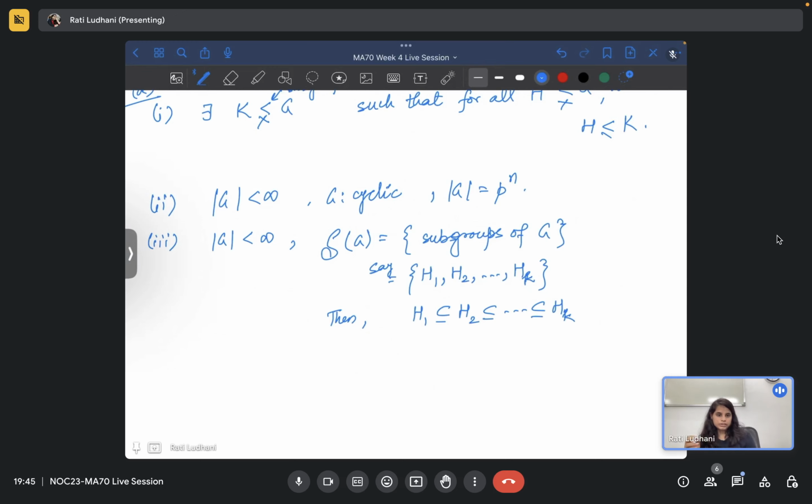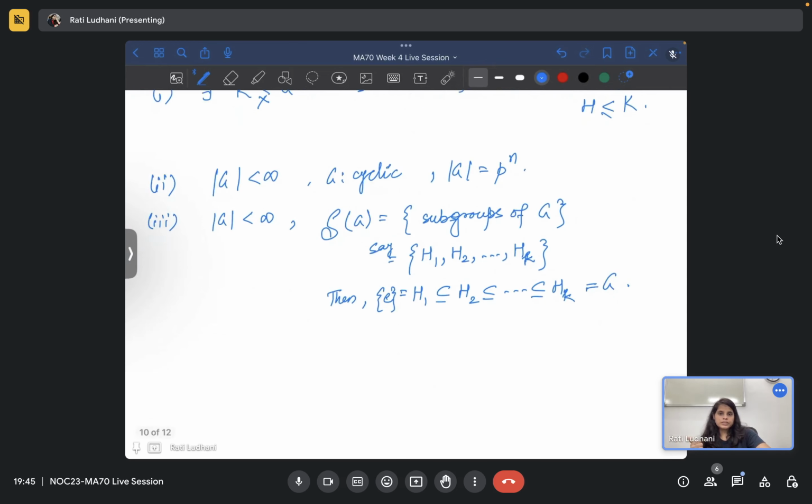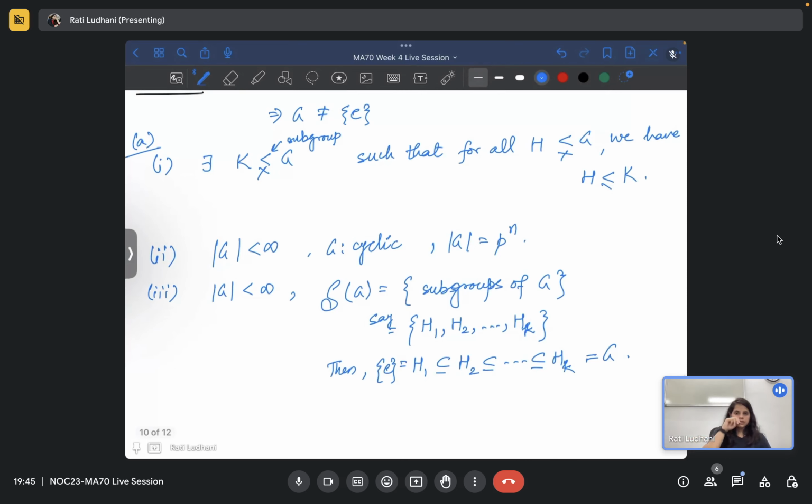There's a chain we get. Even the last one will be G, and the starting one will be just the identity, because we know that these will be the subgroups at least. Is that okay? These three statements. First says there exists some proper subgroup of G which contains all the proper subgroups of G. Second, G is a finite cyclic group of order p raised to the power n, some prime power.